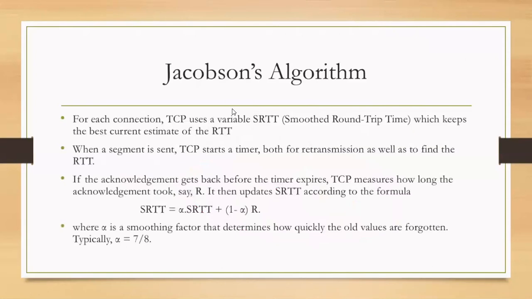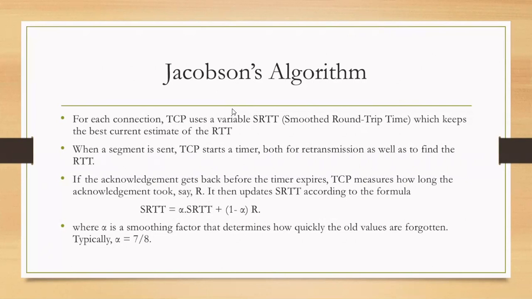For this, we have an algorithm called Jacobson's algorithm. What is this algorithm used for? This algorithm is used to find a suitable timeout period. It's a dynamic algorithm because it is monitoring the round trip time, and based on that, it is changing the RTO, the timeout period. So let's see how it works.